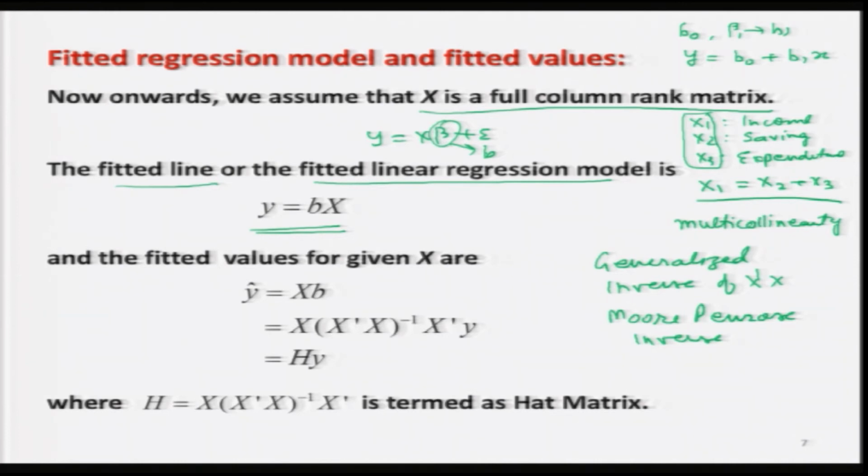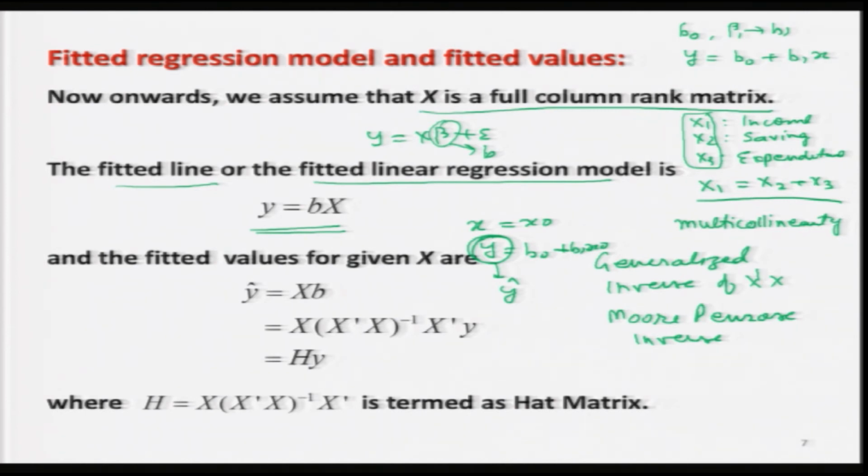And after this, if you remember, in the case of simple linear regression model, we had taken the values of x, and then using the fitted model, we had replaced the value of x by say x0 in the fitted model, y equal to b0 plus b1 x0, and this value was called the fitted value y hat. You can recall that we have taken several examples to explain this.